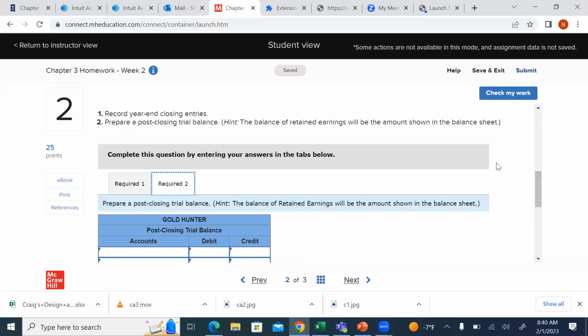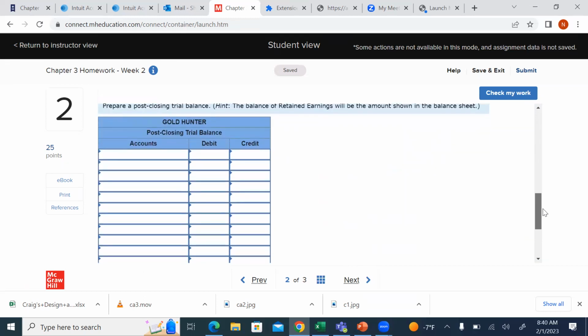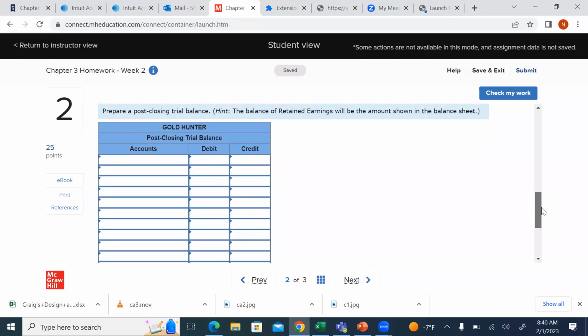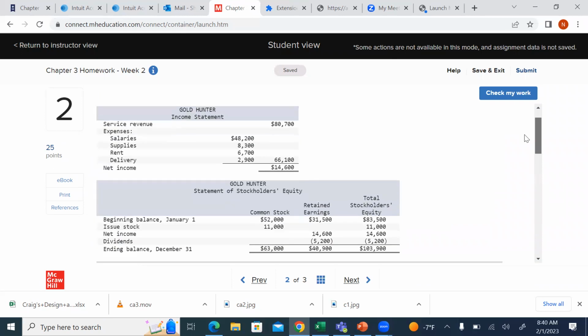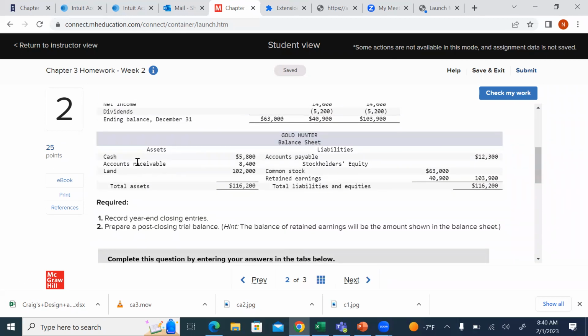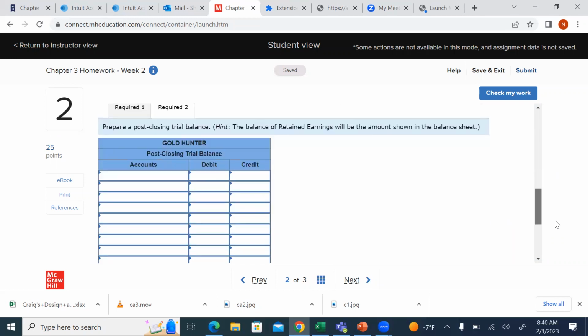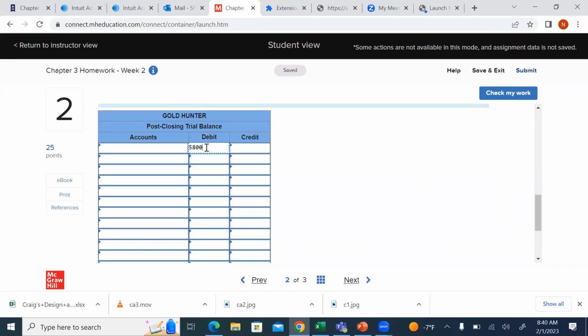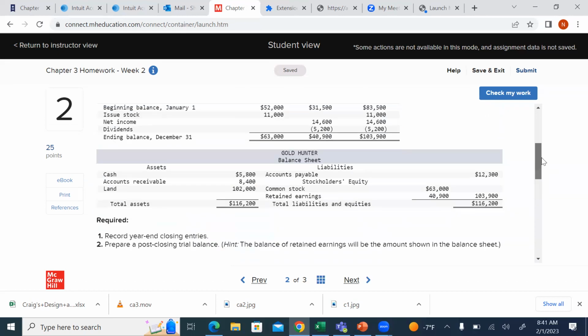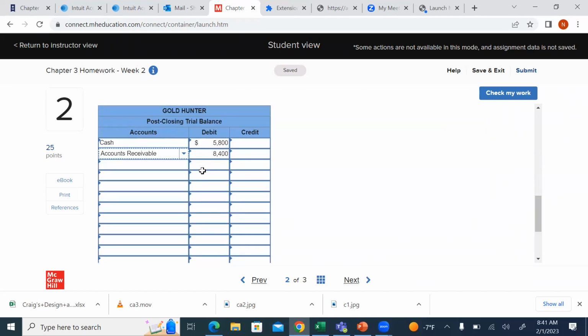So now, when they want us to prepare a post-closing trial balance, this will only be permanent accounts, the balance sheet accounts, such as cash of 5,800, accounts receivable of 8,400, land is 102,000.